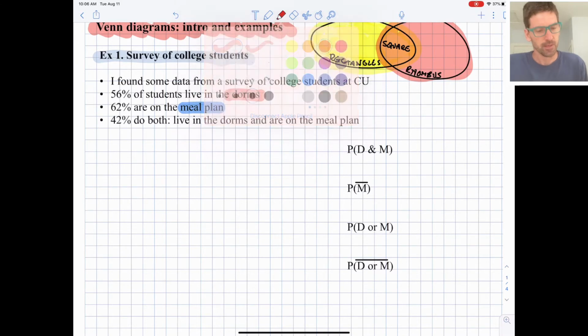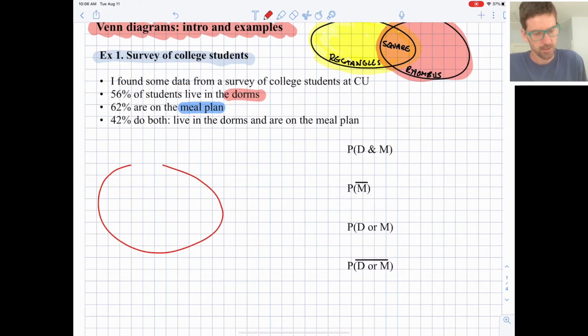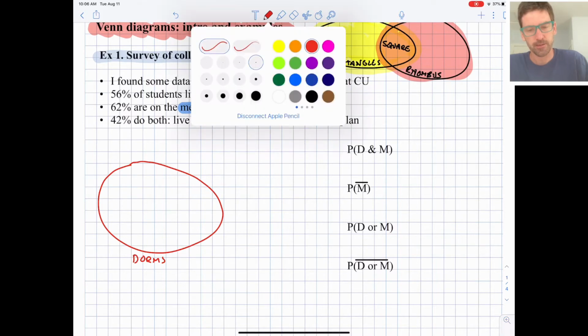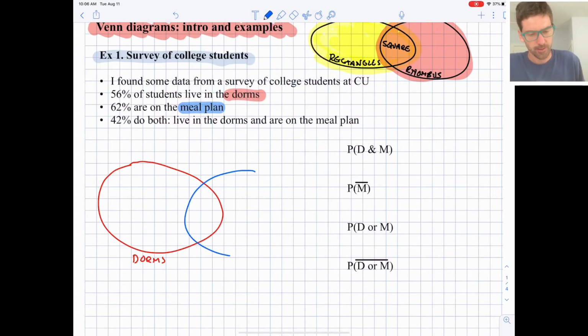Okay. And so let's draw a couple overlapping circles. So first in red, this is our dorms category. And then next in blue, this is our meal plan category. Okay.